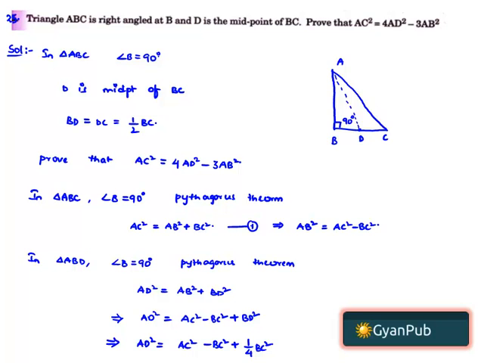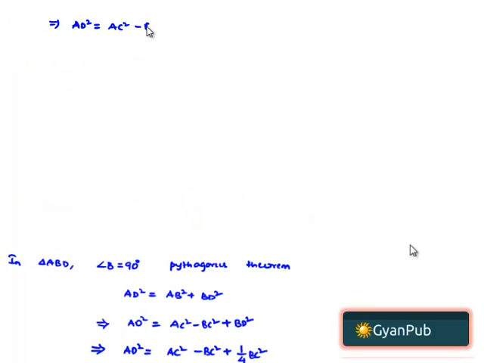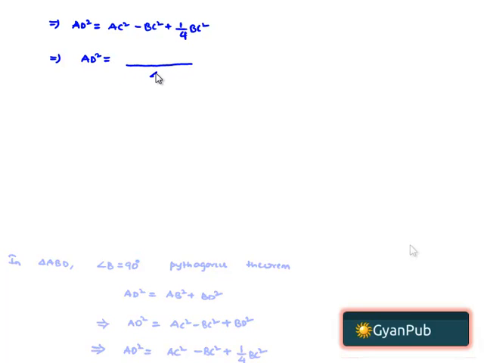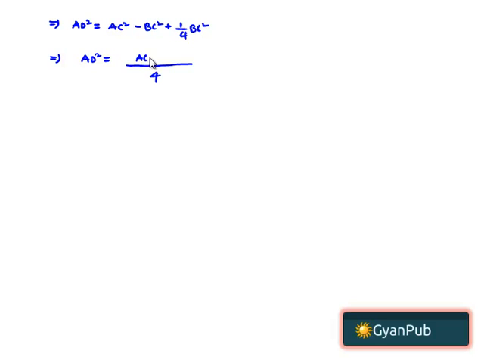So we got AD square is equal to AC square minus BC square plus 1/4 BC square, which implies AD square is equal to, let us take LCM here, 4. Then we get 4 times AC square minus 4 times BC square plus BC square.